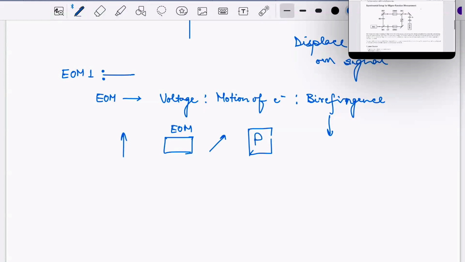Because the polarization angle of this light is changed, when it passes through the polarizer, only a component of this signal will pass through. So in this manner the amplitude of our initial probe beam is being changed, because the polarizer allows only a component of the probe signal to pass through.